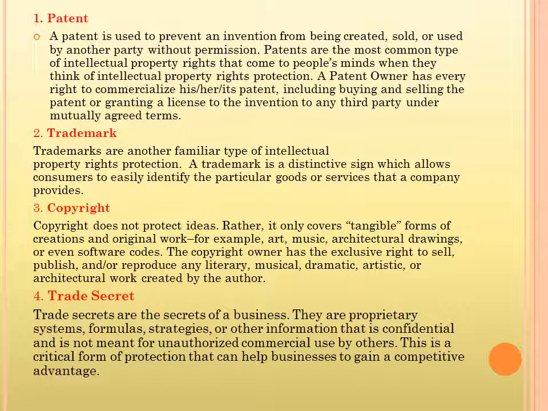Patents are the most common type of intellectual property rights that come to people's minds when they think of intellectual property rights protection. A patent's owner has every right to commercialize his or her patents, including buying and selling the patents or granting a license to the invention to any third party under mutually agreed terms.